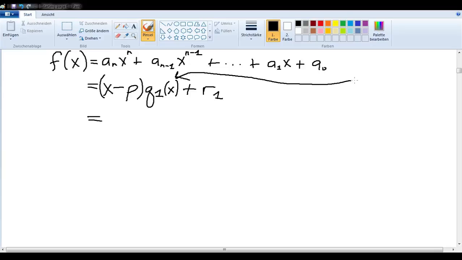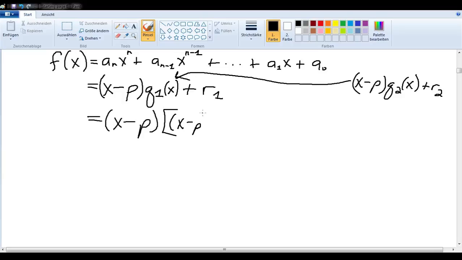So we will divide that by x minus p and get a new quotient, q sub 2, and some remainder, r sub 2. So we'll just sub that in here, and we end up with x minus p, q sub 2 of x, plus r sub 2, and plus our remainder.